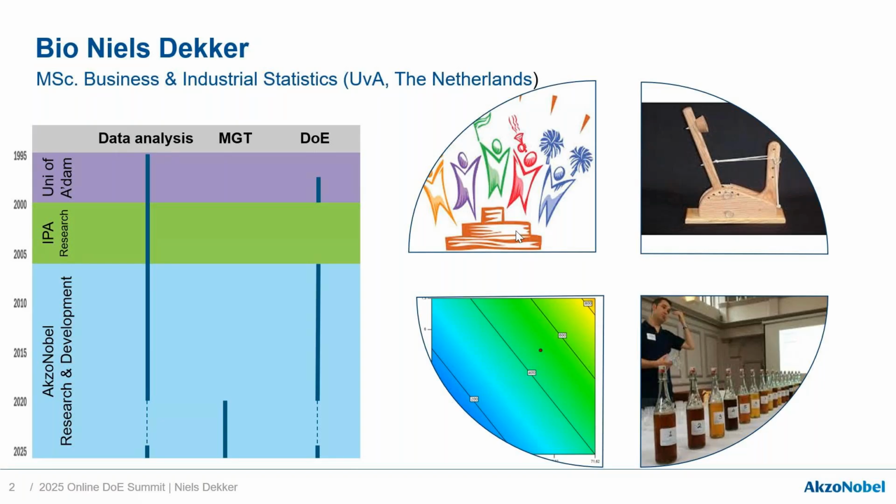I've attended many of the StatEase face-to-face user meetings in the past, and the one that always springs to mind is the one in Cambridge where we did a beer experiment that was organized by the Prism company, which was probably one of the best applications of mixture designs that I've ever attended.